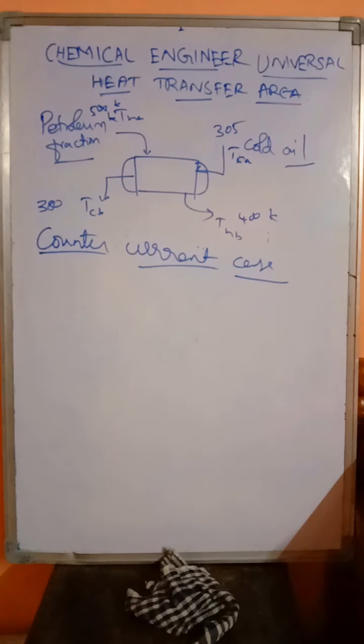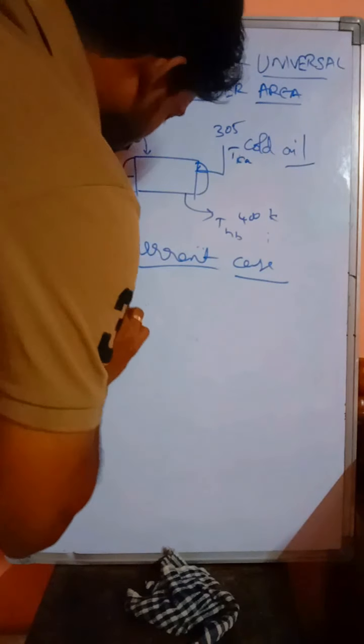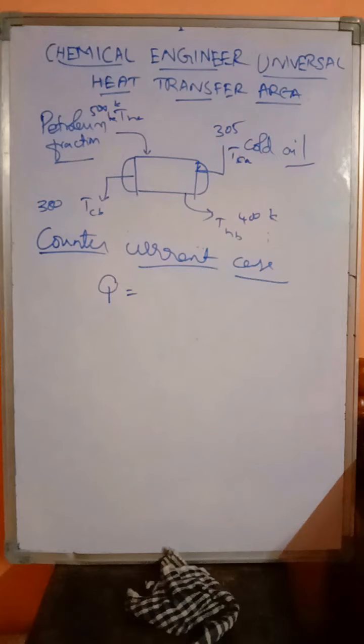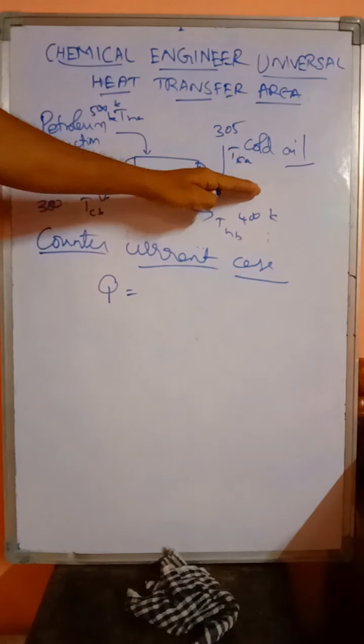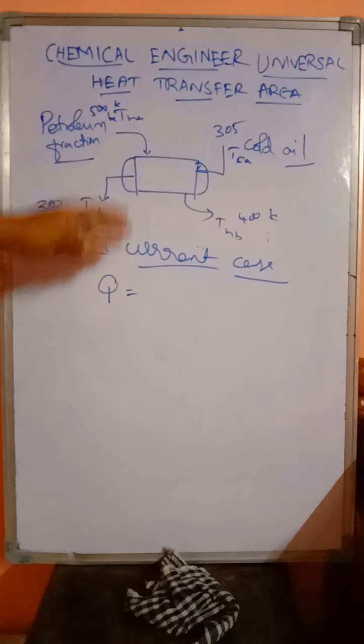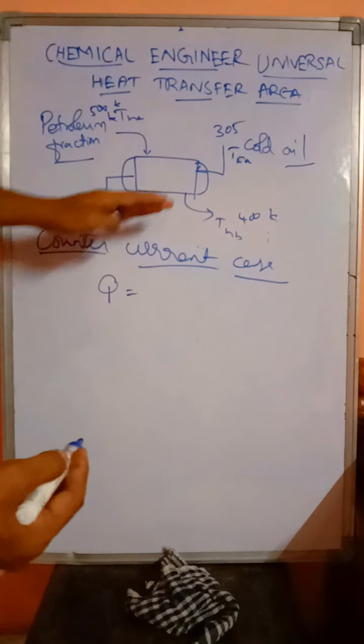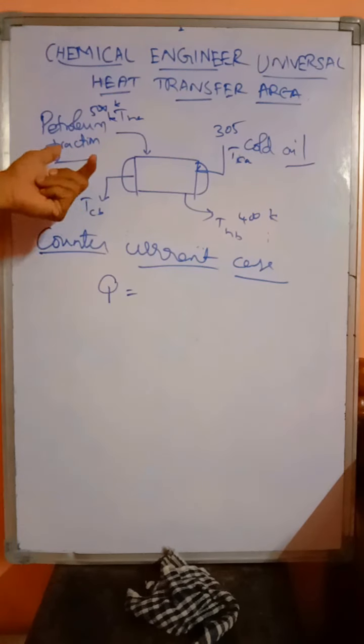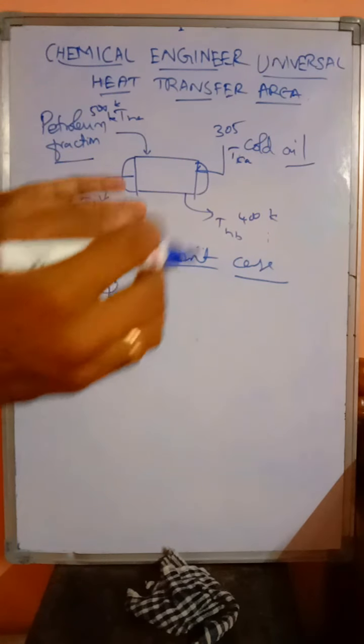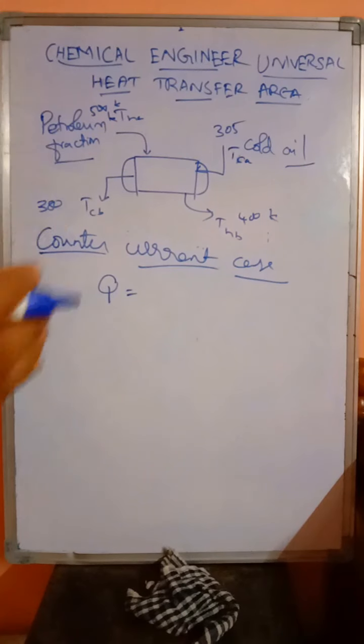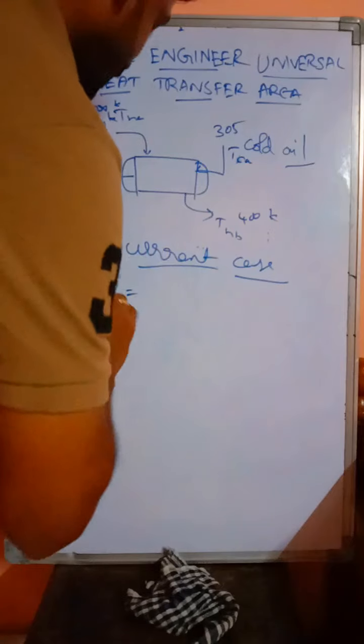In this case, we need some data for finding the heat transfer area, right? First we need the total heat load. What is the total energy that can be recovered from the petroleum fraction? For that energy, we can calculate the area required.